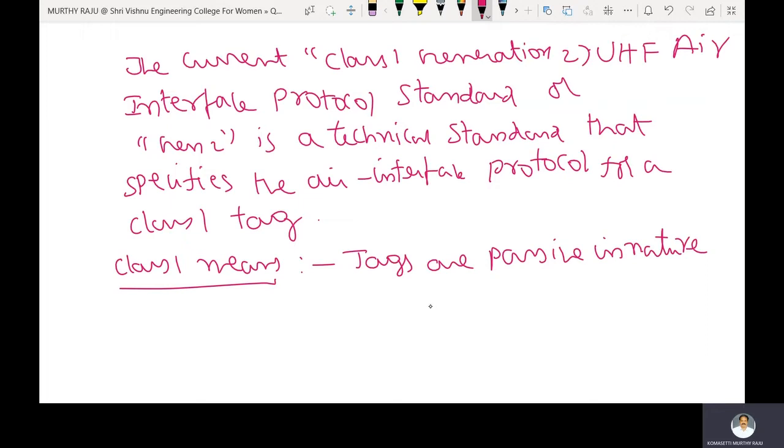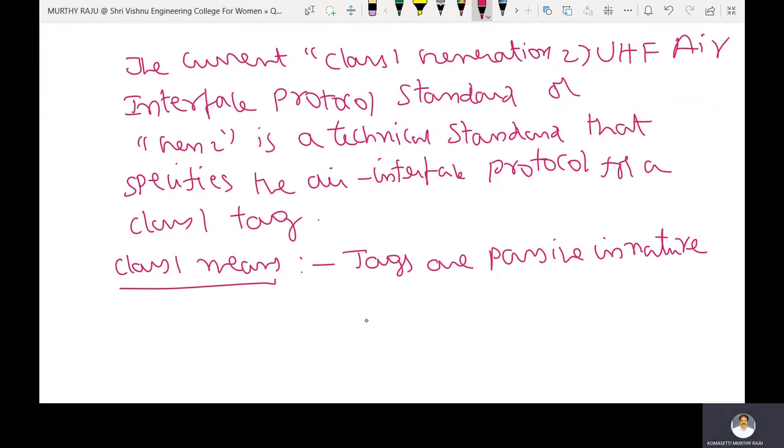It uses received electromagnetic wave energy to power these tags. That is called class 1. The EPC codes are generated and encoded on these tags by manufacturers only. Programmable by manufacturers. That is called class 1.